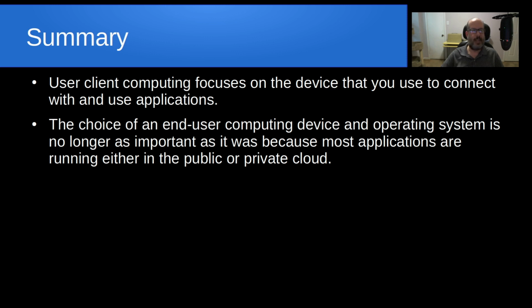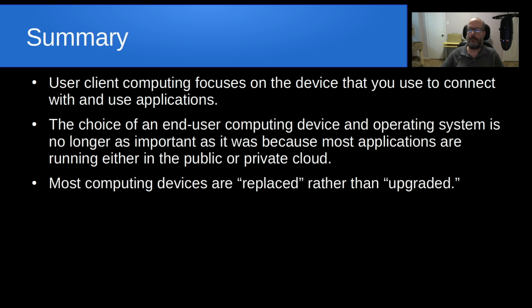But that being said, there's still some significant holdouts, such as Microsoft Office and also the Adobe applications, as I'd mentioned earlier on. So most computing devices are replaced rather than upgraded, and the upgrade process is now not very smooth, or not as smooth as we'd like it to be.